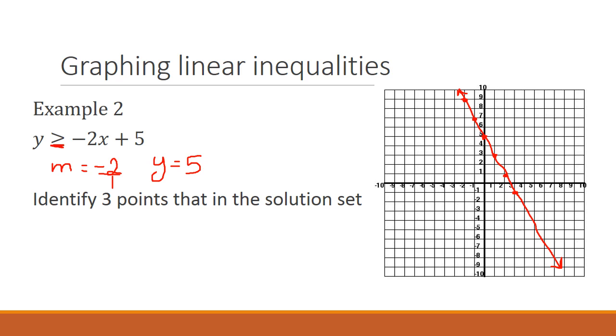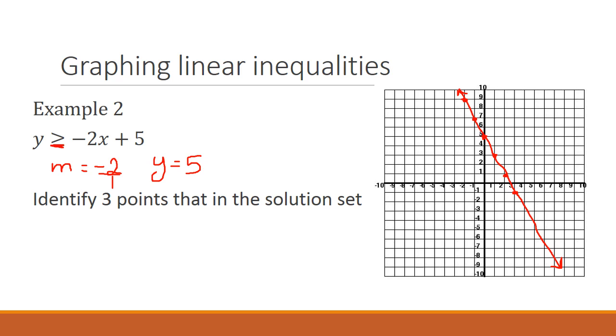So now I have y greater. So y greater means that I need to shade to include all the points where the x and y coordinates satisfy this inequality. And when we see y is greater, that means I need to look at the y-axis and find out where the y values are greater in that case.